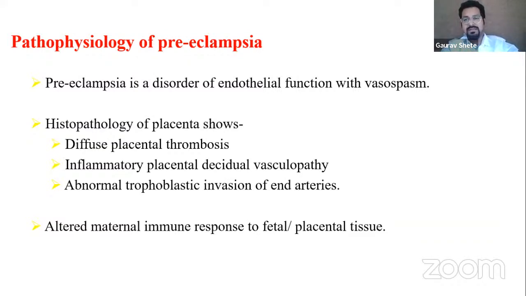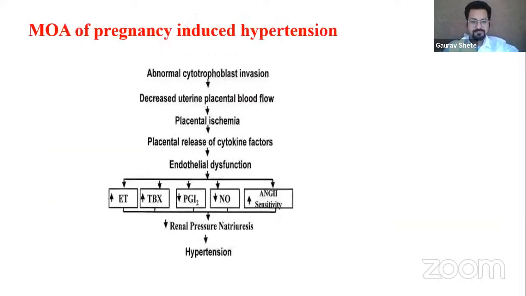Usually the mother doesn't have any immunological reaction to the fetal tissue, but in preeclampsia there is some altered immunological response which causes increased NK cell activity toward the fetal tissue, and because of which again there is endothelial cell damage in the maternal circulation as well as vasoconstriction at the placental beds, which decreases the blood supply to the fetus as well.